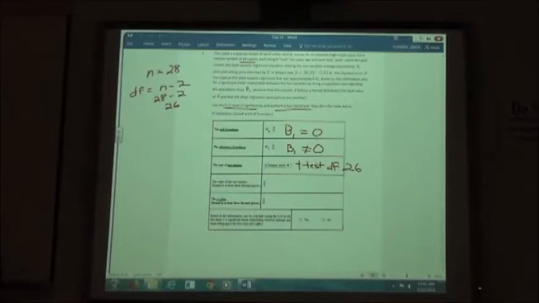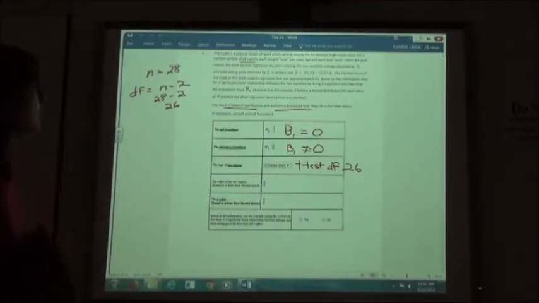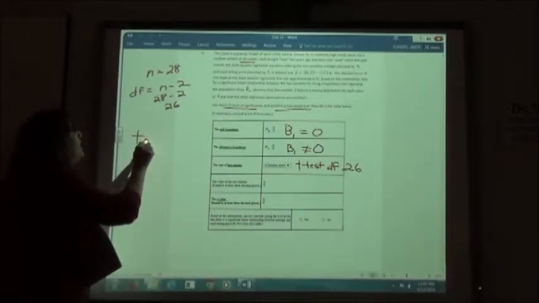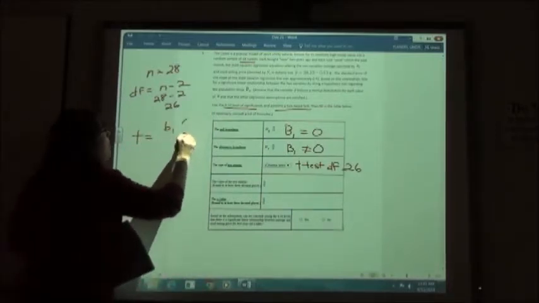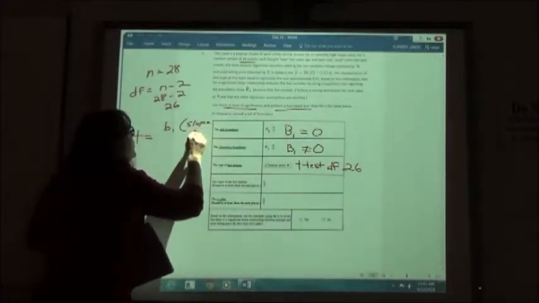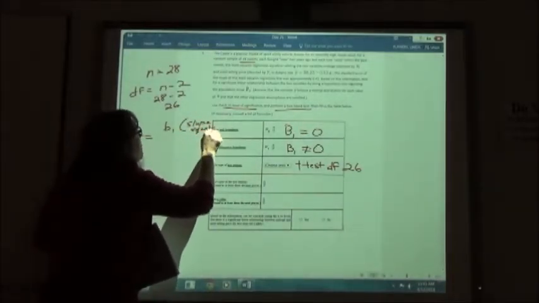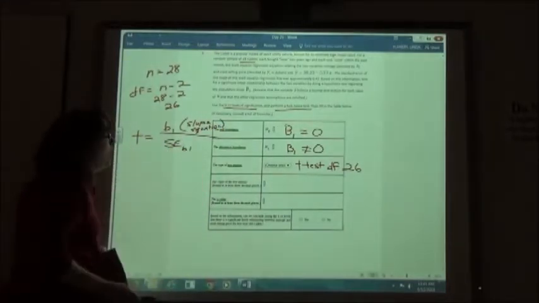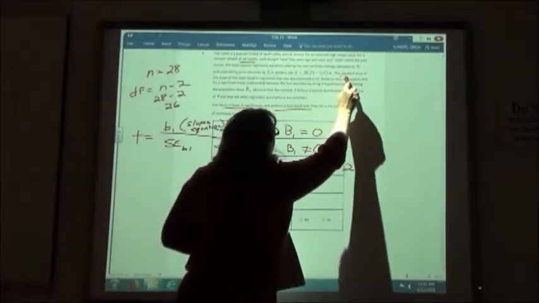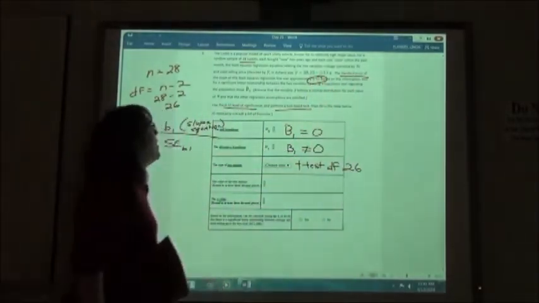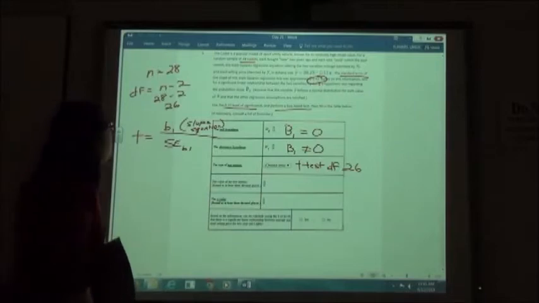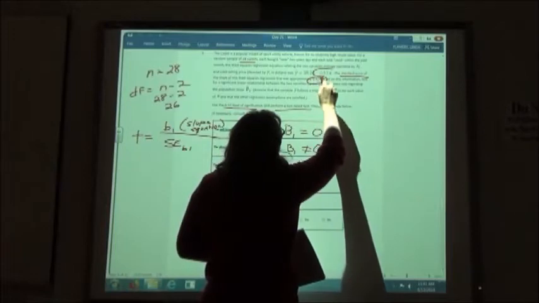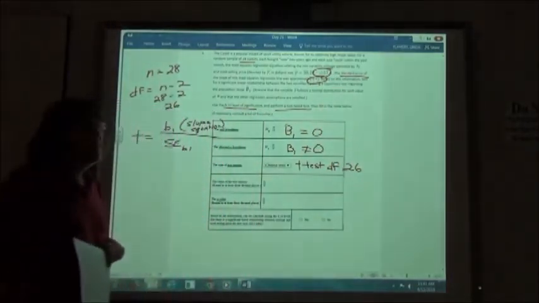We then use the formula here for our t value. Since we're doing the population slope, that's the easier one to do. T is equal to b sub 1, which is the slope of your equation, over SE b sub 1, which is the standard error value, which is that one right there. So looking here at my equation, I'm going to find my slope. My slope is the number in front of the x. Keep in mind I have to include the sign.